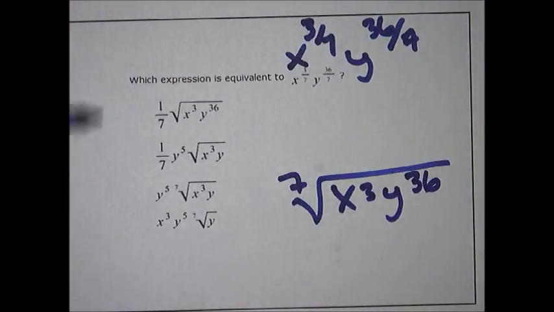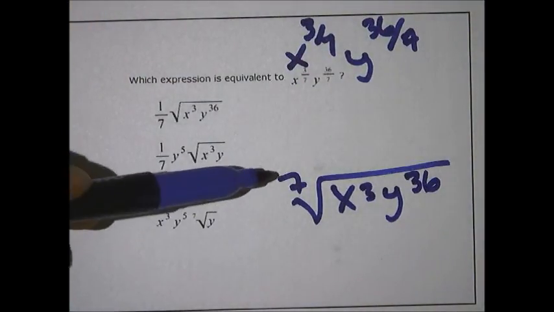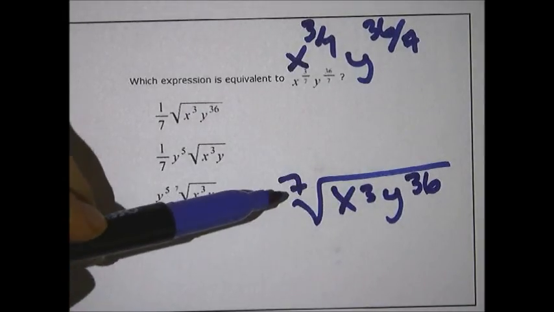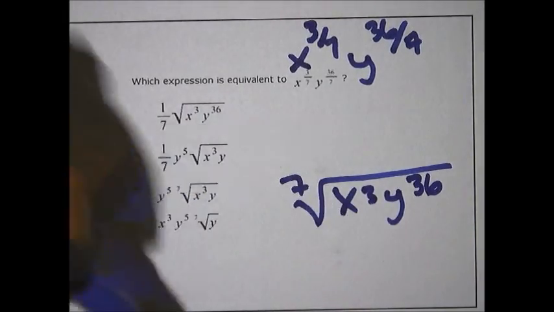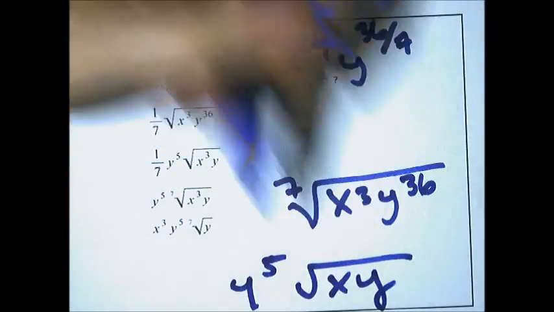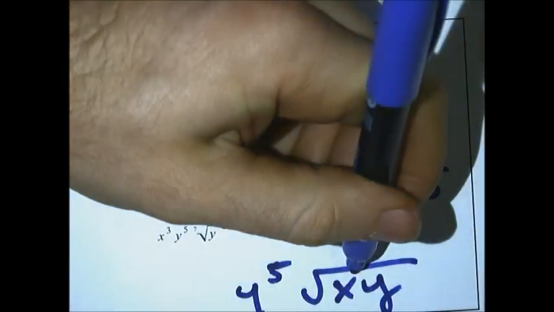And then I go to look at my choices, but I don't see that. We could simplify this and say, okay, 7 goes into 3, it doesn't. 7 goes into 36 five times, remainder 1, and the x to the 3rd stays.